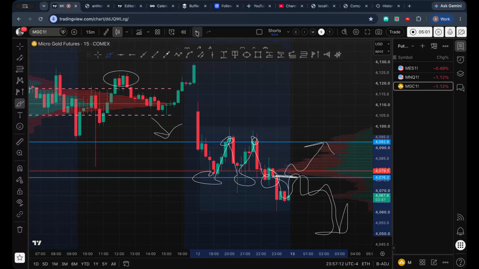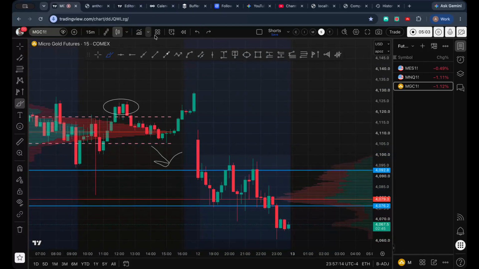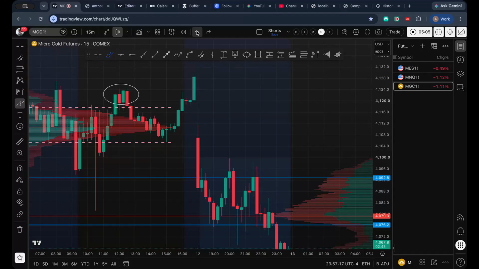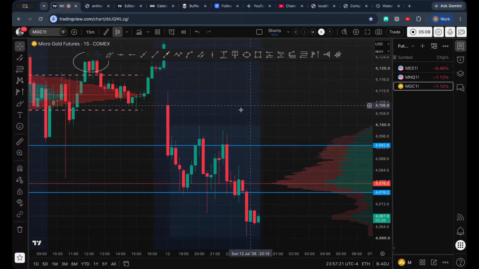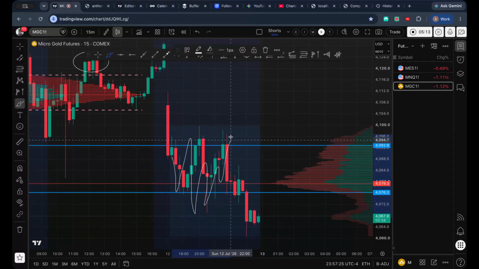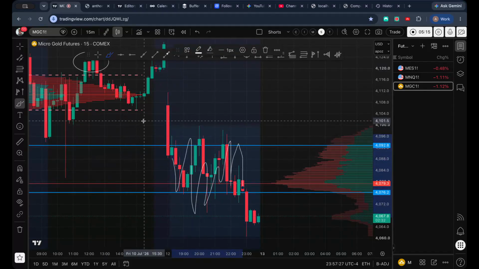Always watch it around that value area. It's so important that you understand the smart money footprint, which is messy as hell. That's a smart money footprint.